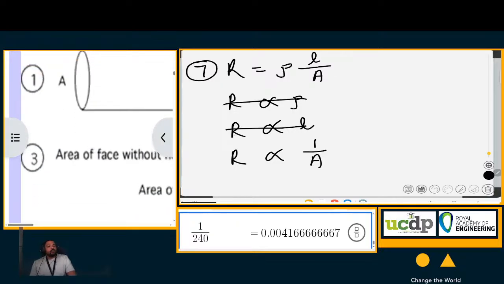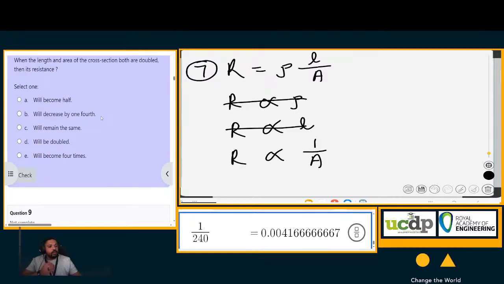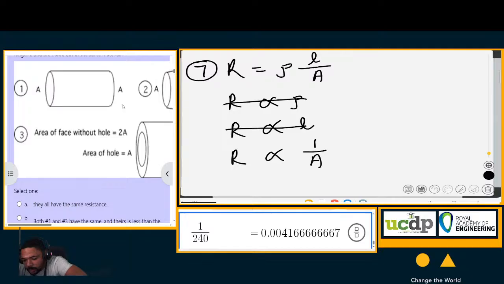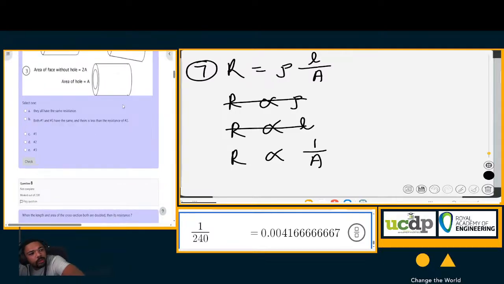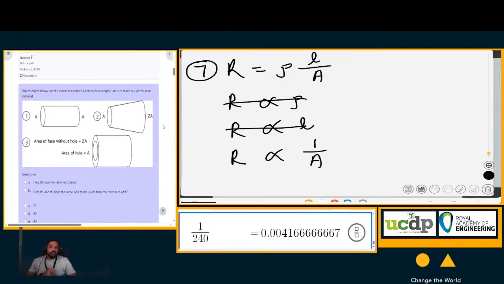So let's check the cross-sectional areas. I just need to minimize this so you can see all three. I just need to show you the drawings. Okay, there they are, these three.